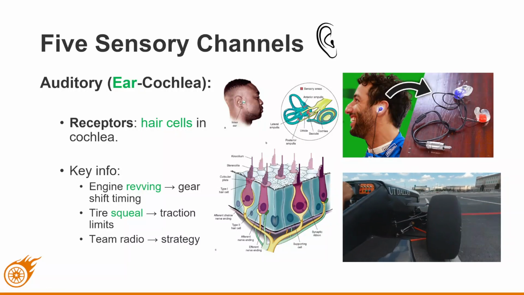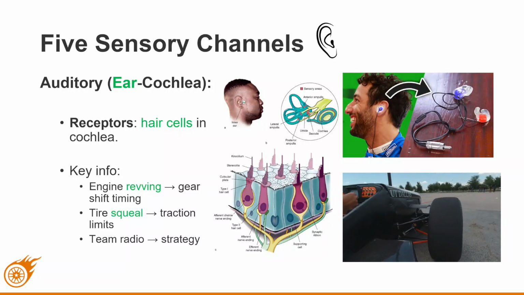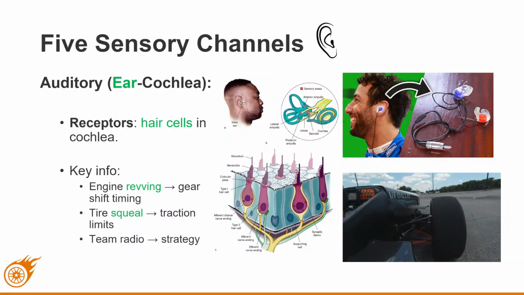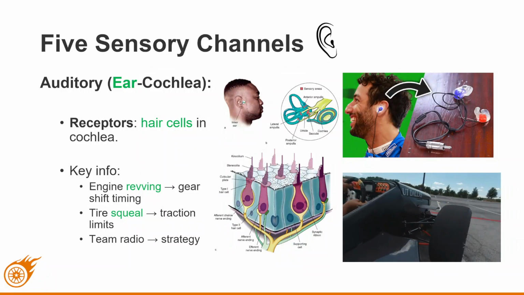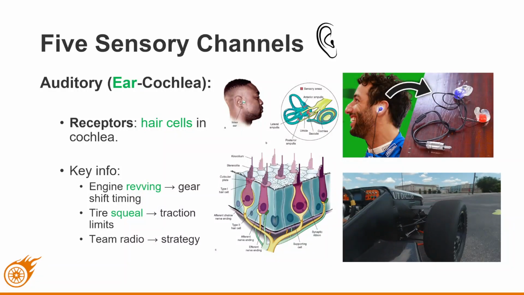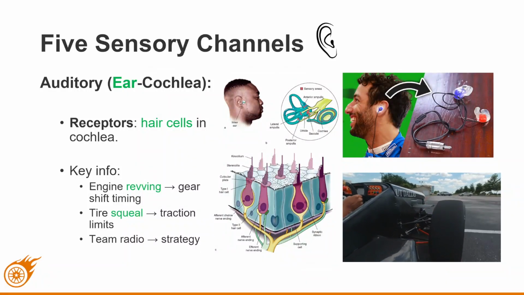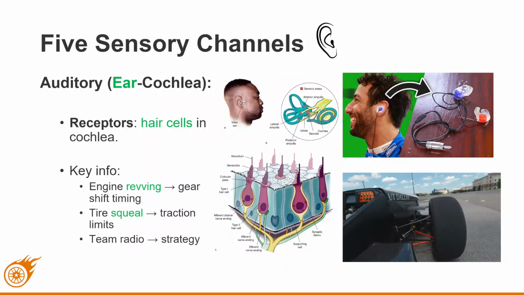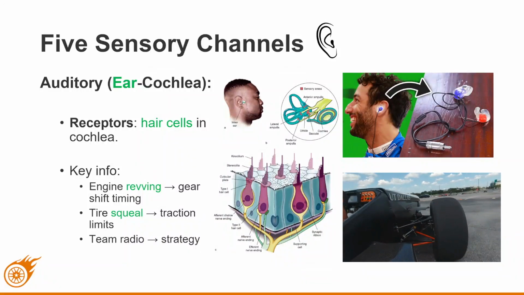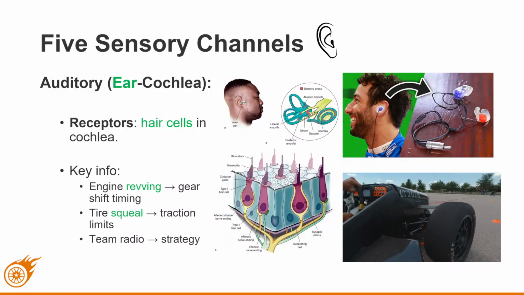And so sounds tell the driver what's happening without looking. So things like engine revving, as you can hear in the video, and you can kind of tell when the engine is redlining or reaching its max RPM, and that kind of tells the driver when to shift, without even looking at the shift light if they have one.